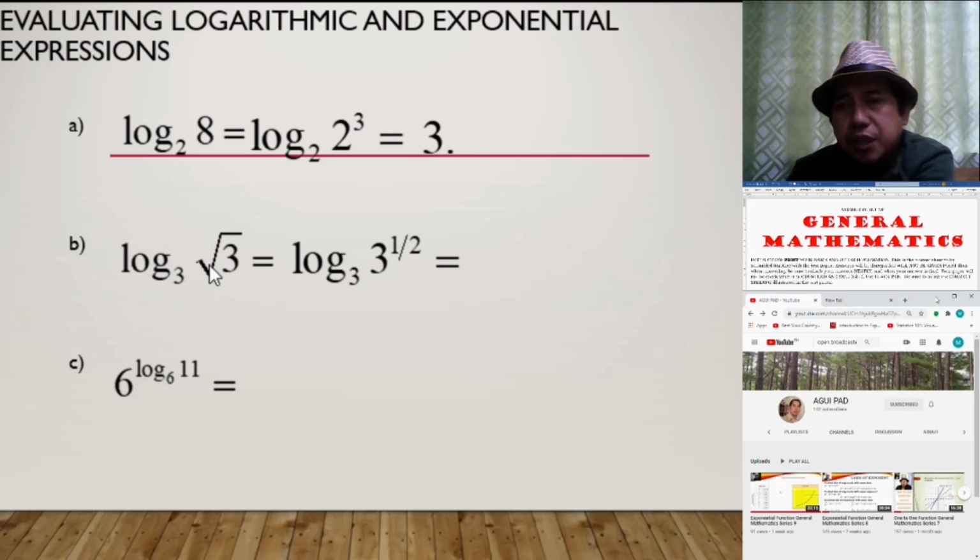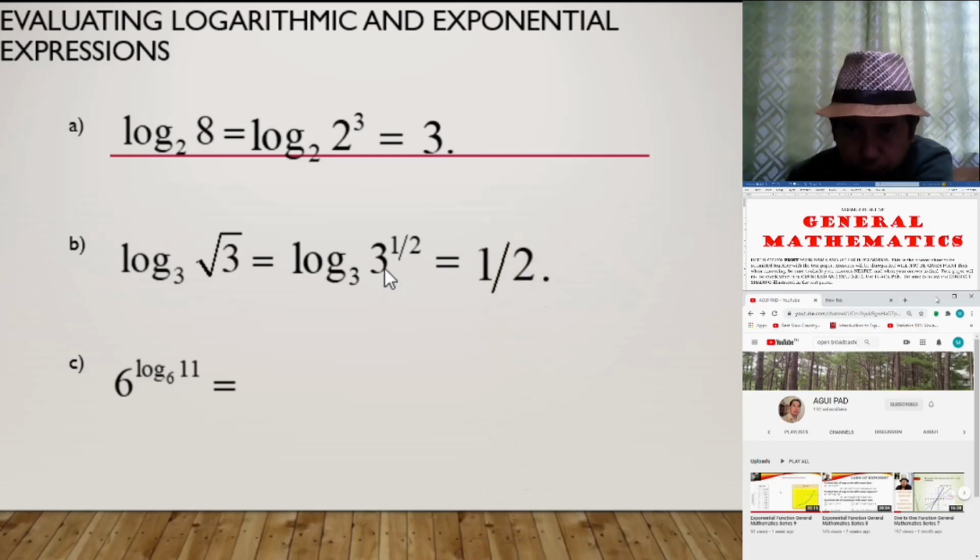Now, what is the exponential form of the square root? That is the same as 1/2. So, the square root of 3 is the same as 3 raised to 1/2. And so you will notice log with the base of 3 will cancel out, and so what will remain will be 1/2.